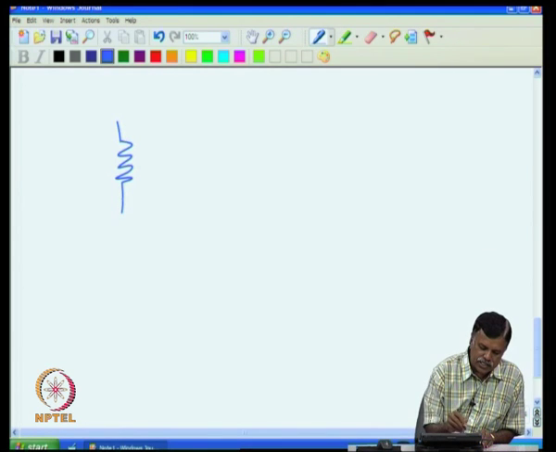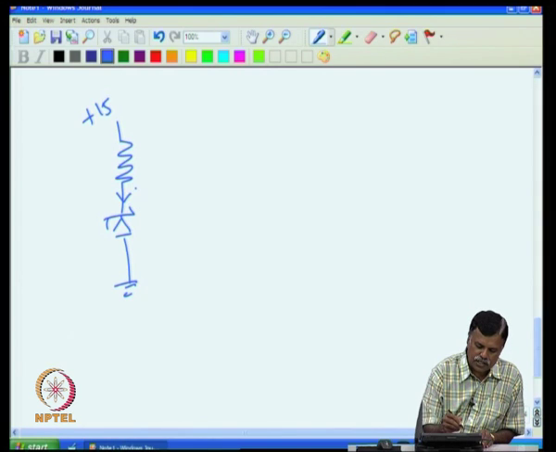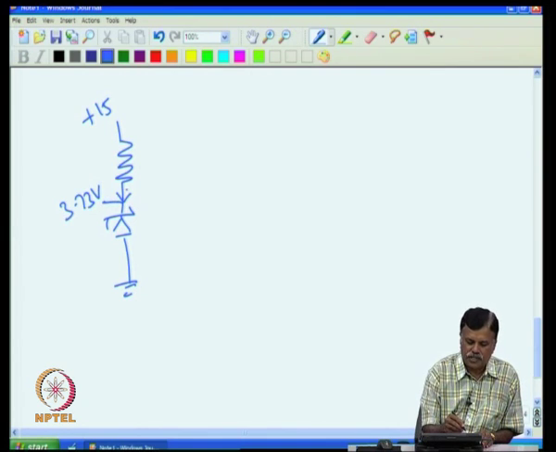I have to bias the sensor. So, I put plus 15 volt, then I want to make sure 1 milliampere current is going through this. I know at 100 degree C this point will be 3.73 volt, and at 0 degree C it is 2.73. So, in the worst case at 100 degree C I will have 3.73, and that makes the voltage across this resistor 15 minus 3.73 volt.